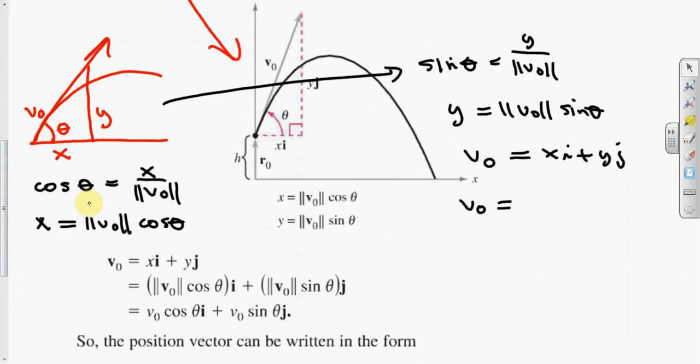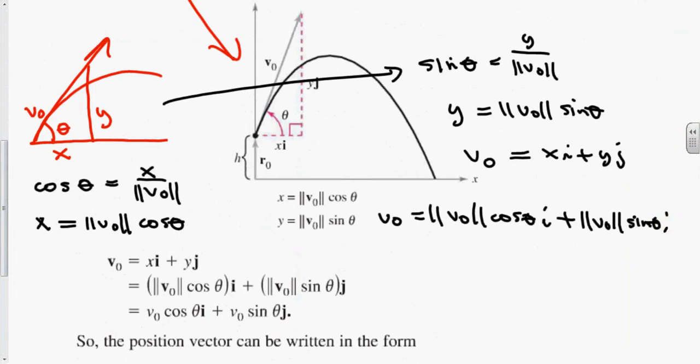Well, x is said to be the initial velocity here times the cosine, plus, now.